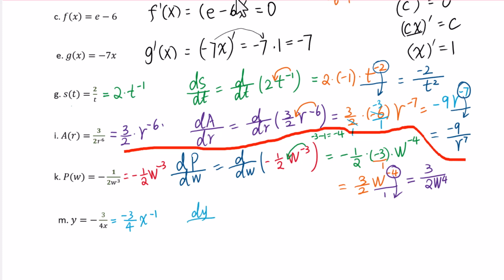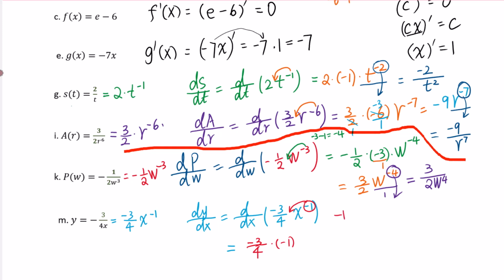Dy dx equals d dx of negative 3 over 4 x to the power of negative 1 equals, drop down the exponents, coefficient bring down, negative 3 over 4 times negative 1.